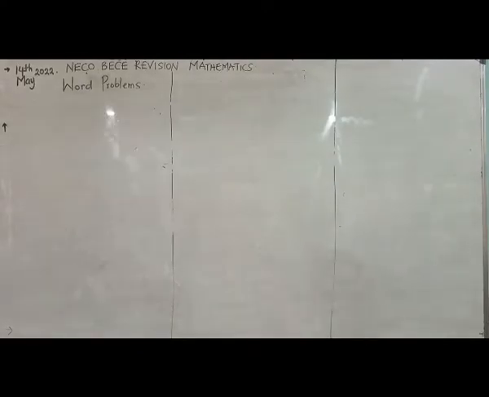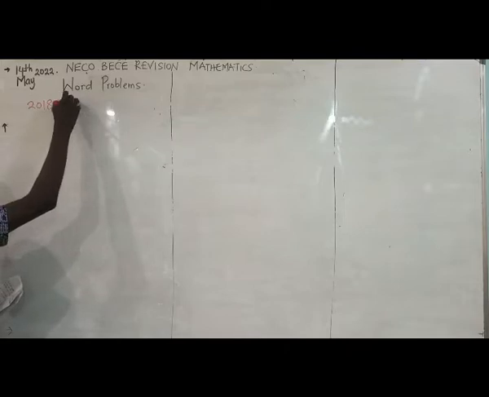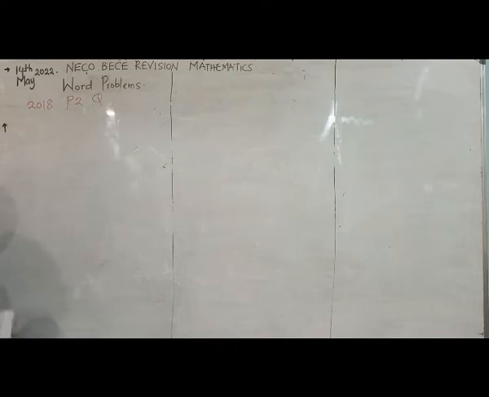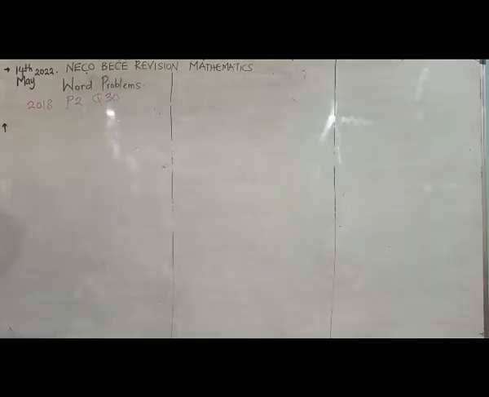So let's look at question 30 of that same year, 2018, paper 2, question 30. Now, it says if 22 is added to a number.